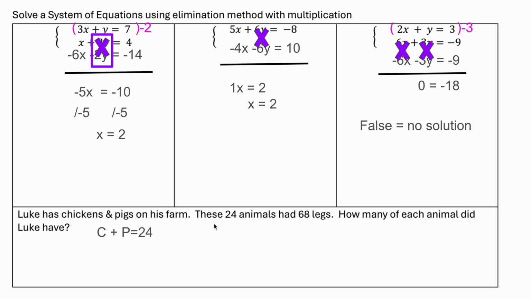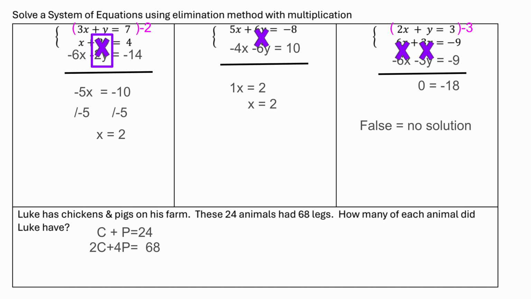And then next, I know that a chicken has 2 legs, a pig has 4 legs, so I'm going to say 2 chicken legs plus 4 pig legs equals 68 legs. Okay. And I'm looking for an opposite here. I know that the opposite of 2c is -2c.